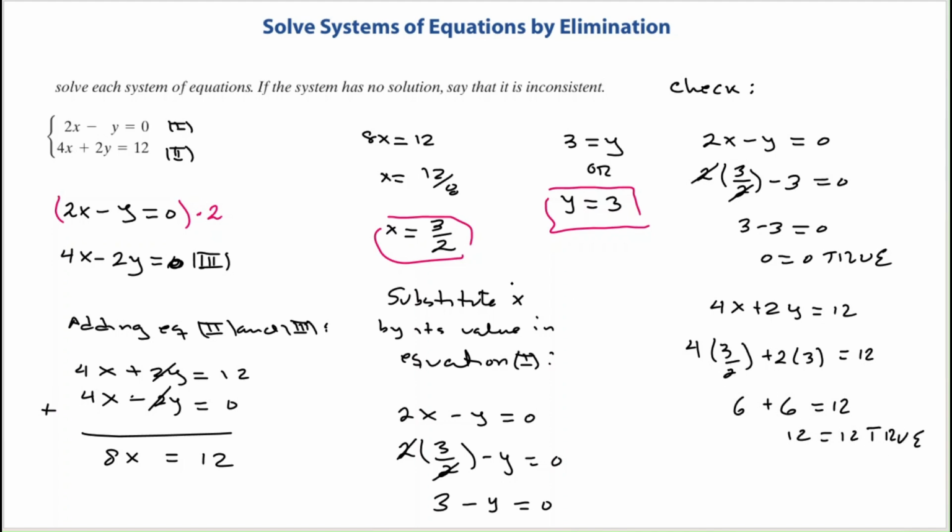As I got two true statements, now I know that the solution in this case is 3 over 2 comma 3. That is the solution of my system. And this was solved by elimination.